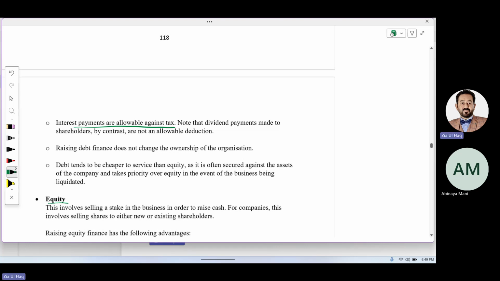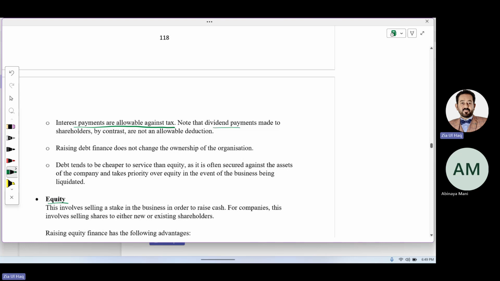And if your profit is low, you will pay less tax. In equity, you cannot take tax advantage. While in debt, you record interest as an expense that reduces profit as well as the tax amount. So this is the benefit of debt. You can take tax relief.